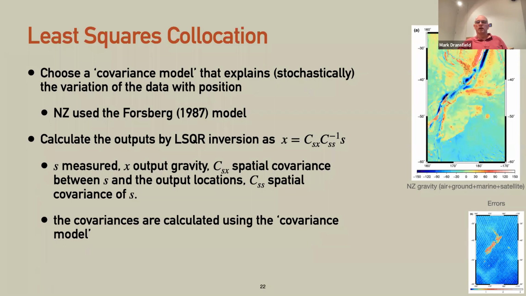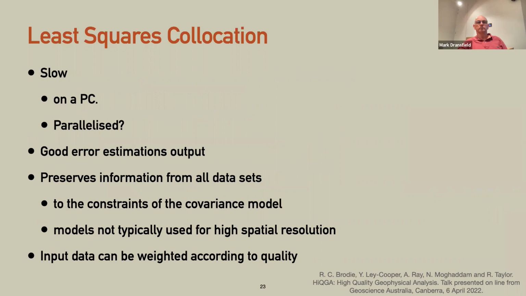Those covariances are calculated using the covariance model. And you can see in that image, the larger image on the top right is the result over New Zealand. And there's also the estimated errors, the propagated errors through the model in the smaller image just below that.